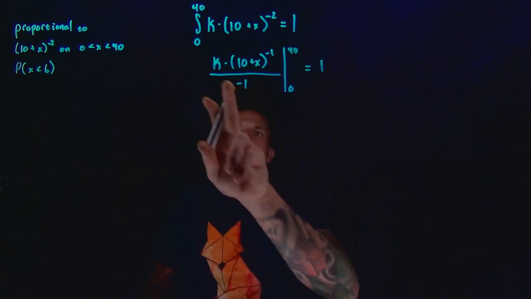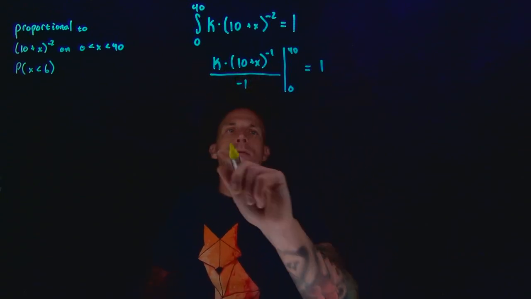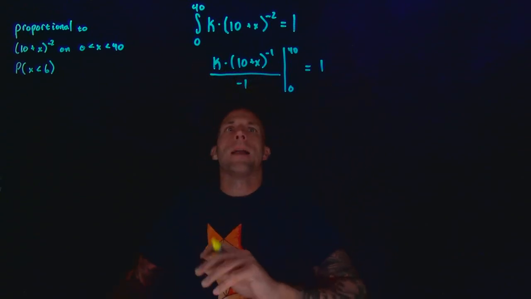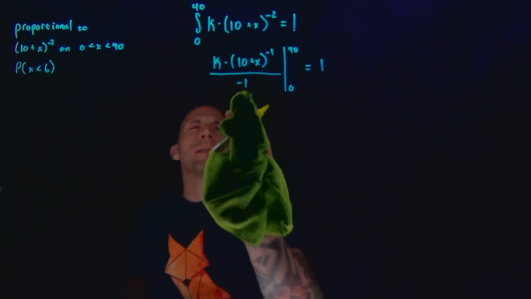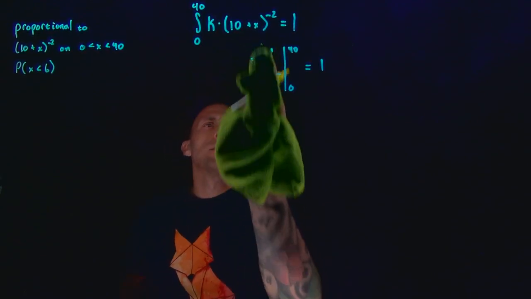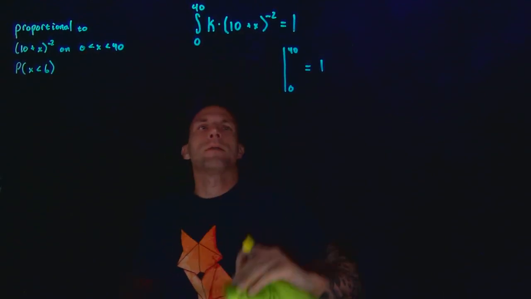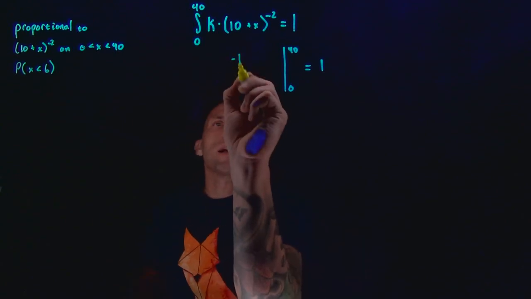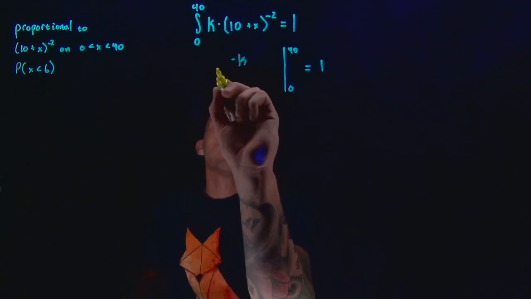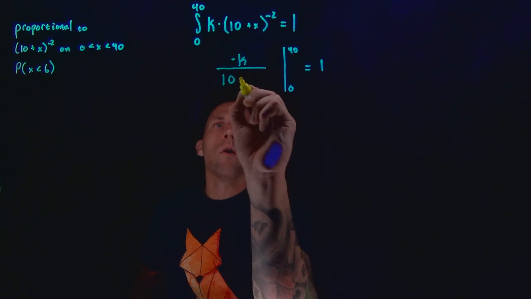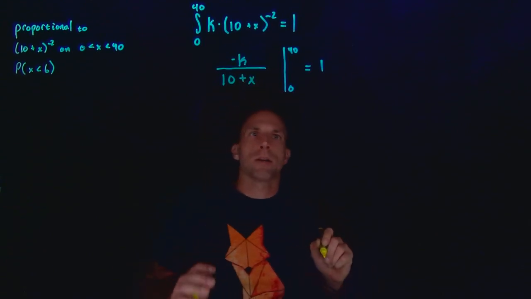And I'm going to simplify this right here. I just don't really like the look of that. So instead of writing it that way, let's write negative k over 10 plus x. There we go, much cleaner.